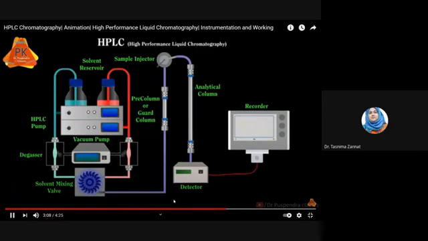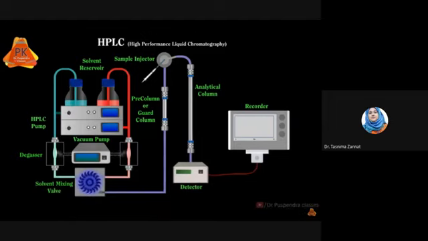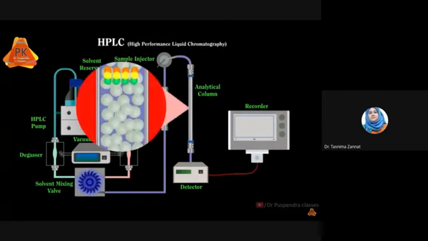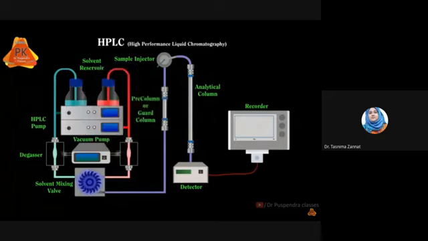Now we will inject the required amount of sample through sample injector by the help of a micro syringe. So after injecting the sample, it will enter into the analytical column which contains stationary phase. Due to the difference in the affinity with stationary phase, compounds present in the sample will be separated inside the column and reaches to the detector and gives signals in the detector.